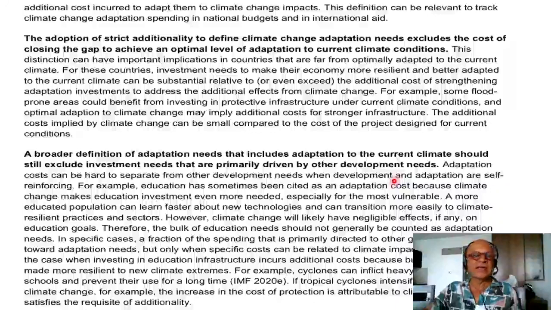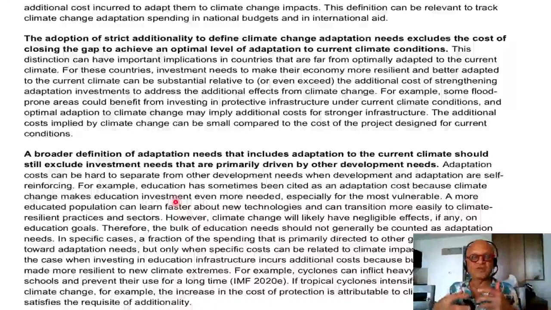What does it mean? Adaptation costs can be hard to separate from other development needs when development and adaptation are self-reinforcing. So economies like India and China are growing, they are building a lot of infrastructure, and this is adaptation for their own needs, but then you have to worry about infrastructure risks in the future coming from climate change.